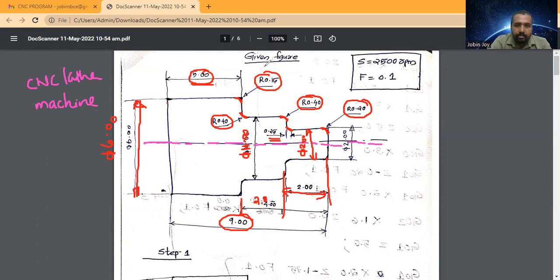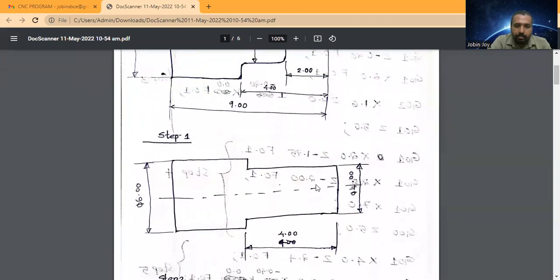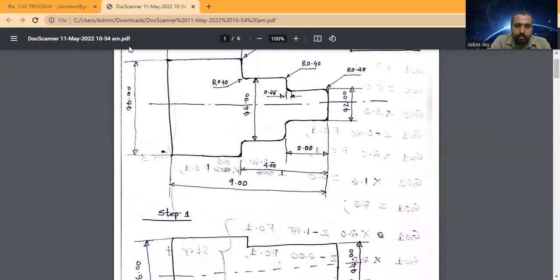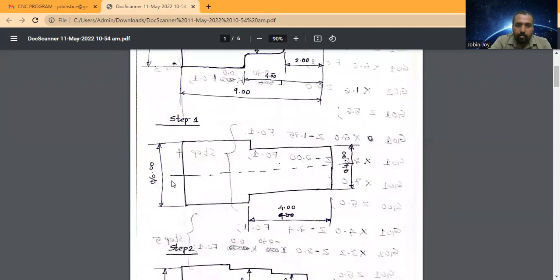So my first step is I have to create the first step from this. This diameter is 6, and I will create this first step. So this is 5, 4, and this total distance is 4.